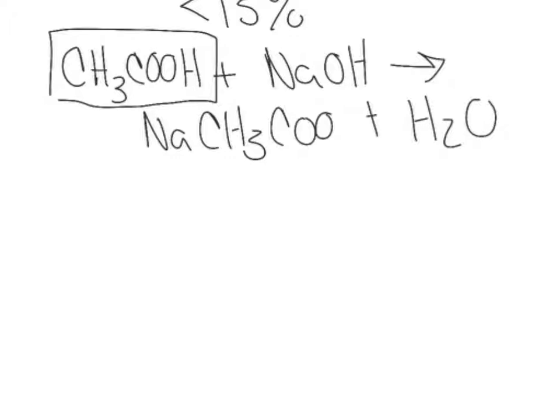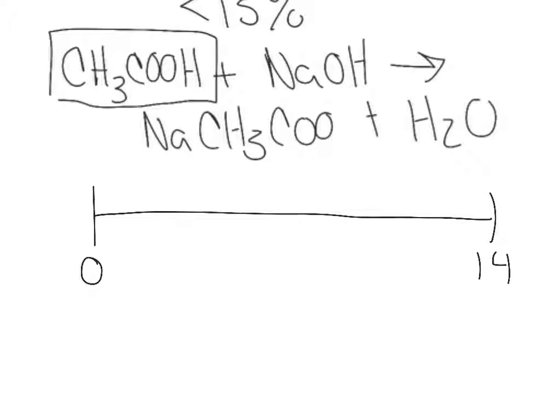But when we have situations like this, where we have a weak acid and a strong base, it's not going to neutralize at 7. Let's kind of look at a pH line here. pH of 0, pH at 14, pH at 7. So we have a strong base that's starting over here at a pH of 14. And then we have a weak acid.